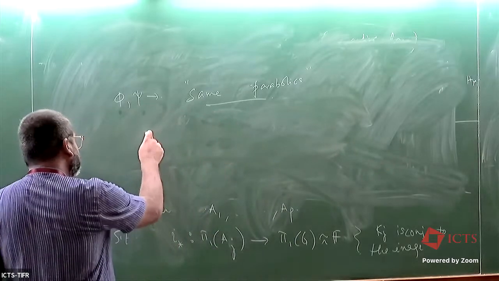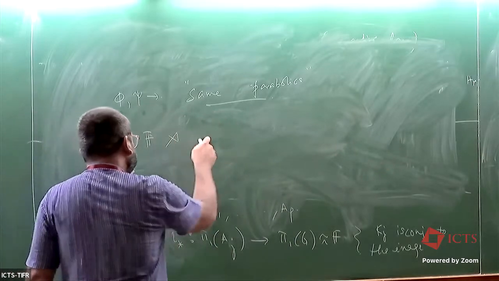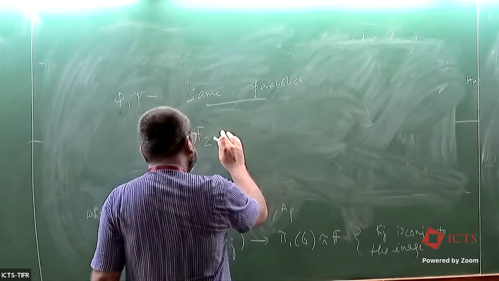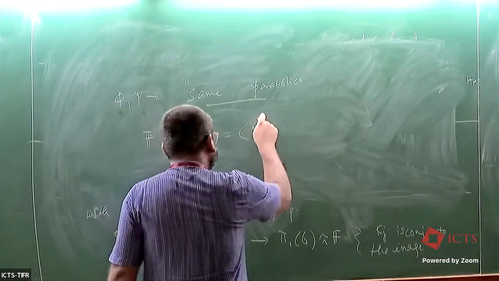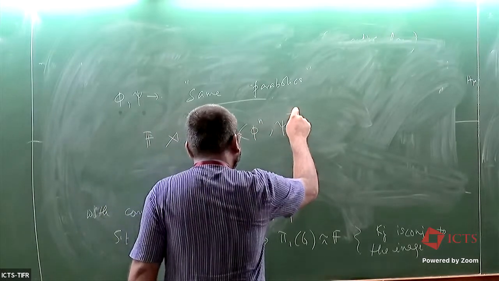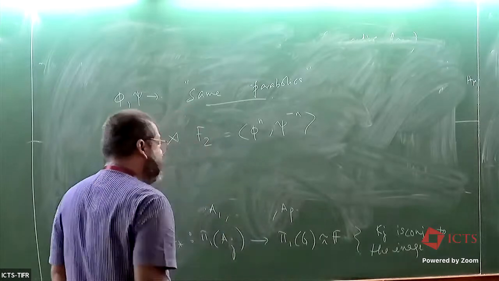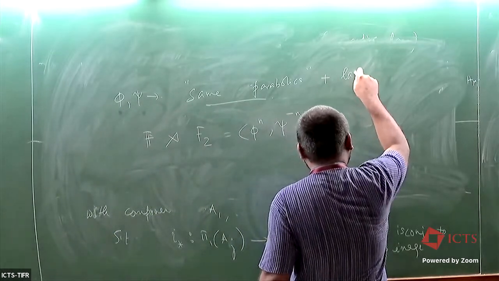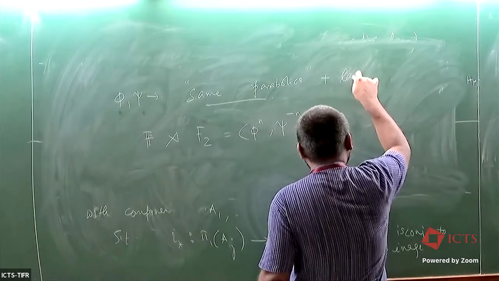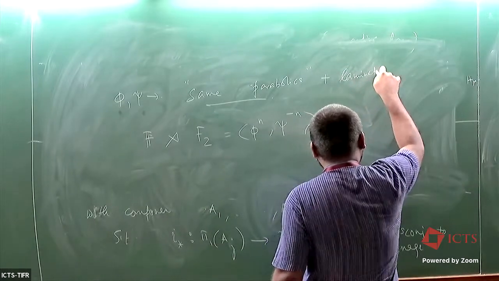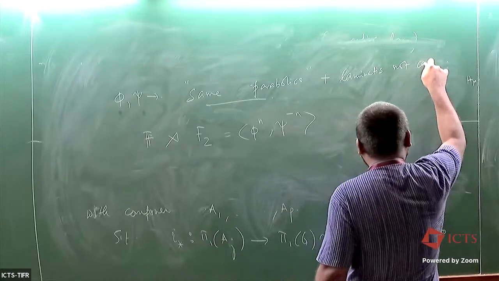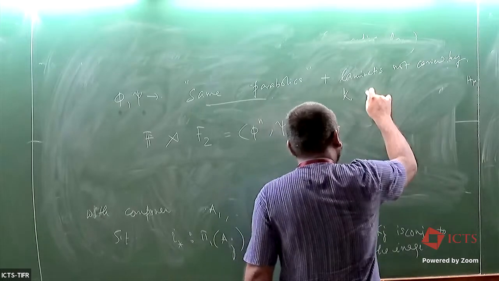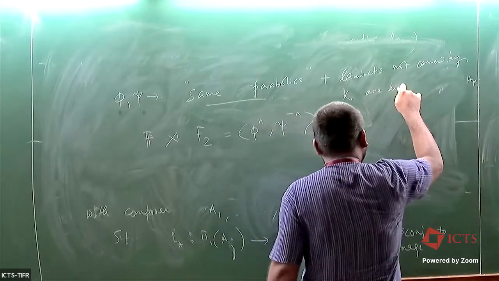Then you can construct F2 like this, plus laminations not carried by K are pairwise disjoint.